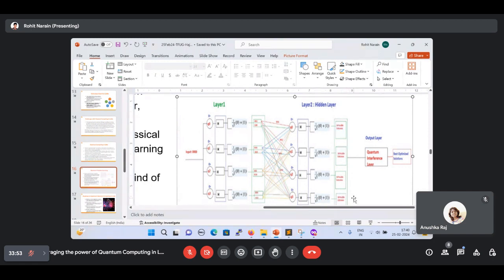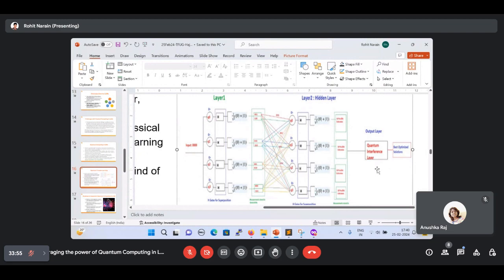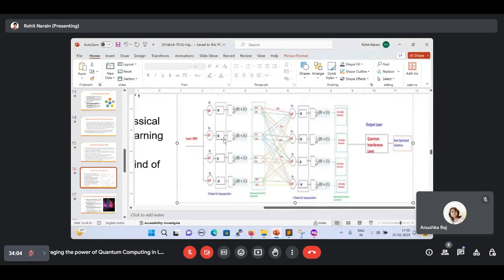Then I integrated a quantum inference layer, whose purpose is to provide the best optimized solutions for my outcome. If I give an input of four zeros, it can provide me 64 possible combinations.